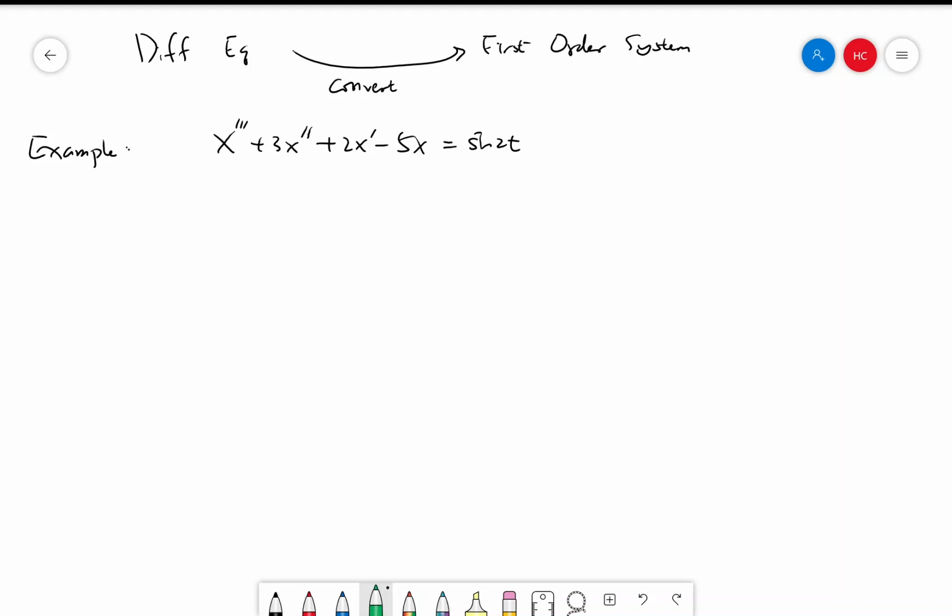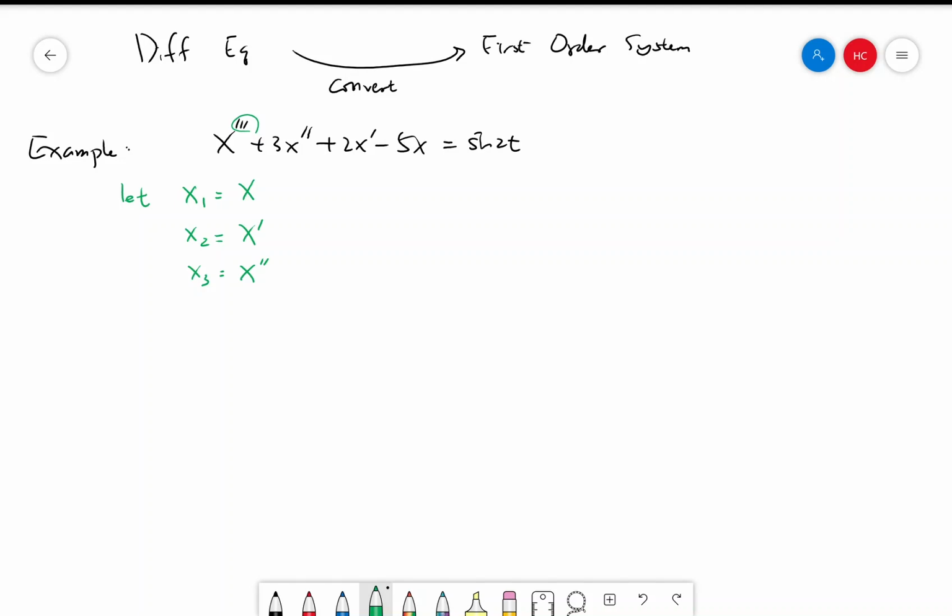The trick is, because it involves the third derivative, we know there are going to be three equations in the first order system. So we introduce three new functions, x1, x2, and x3. Let x1 equal x, x2 equal x prime, and x3 equal x double prime.